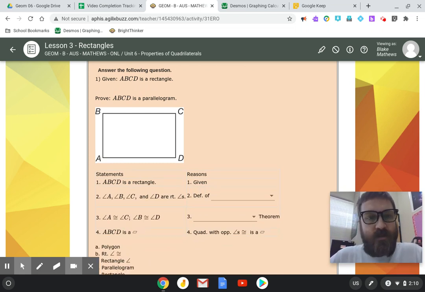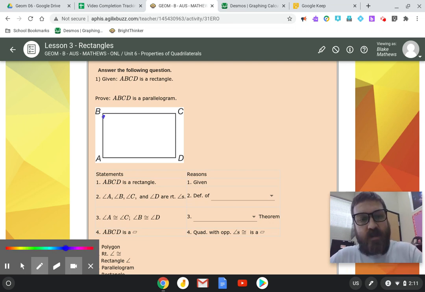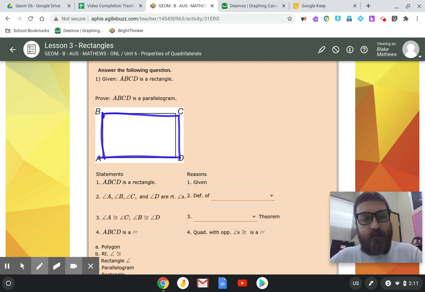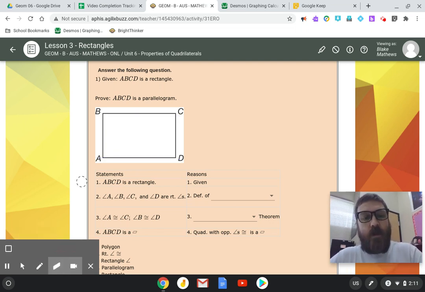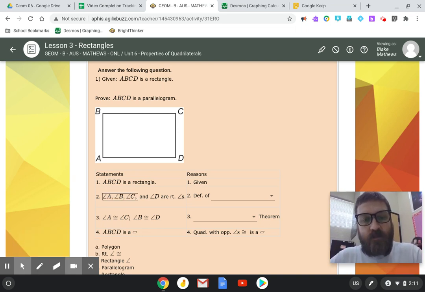So it says, given ABCD is a rectangle. So they're telling us this figure, ABCD, is a rectangle. Great. So that is our given. Then it says, number 2, angle A, angle B, angle C, and angle D are right angles.